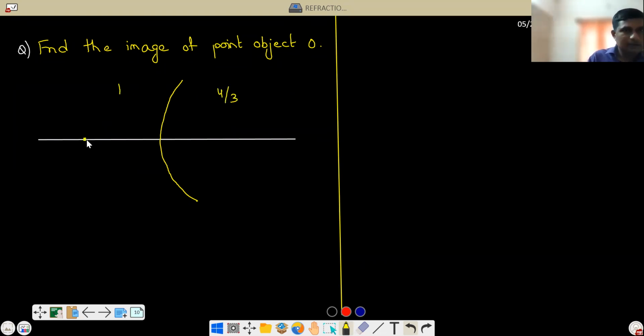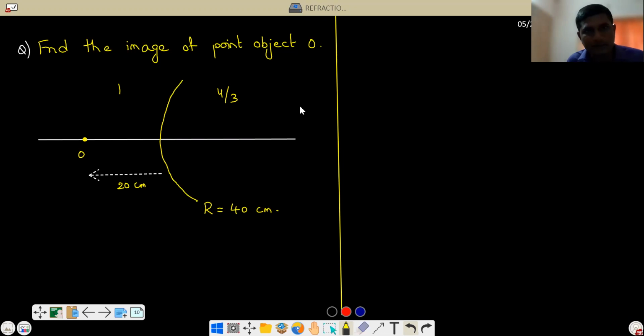And there is an object which is at a distance of 20 centimeters. And the radius of curvature is given as 40 centimeters. Find the image of the point object O.